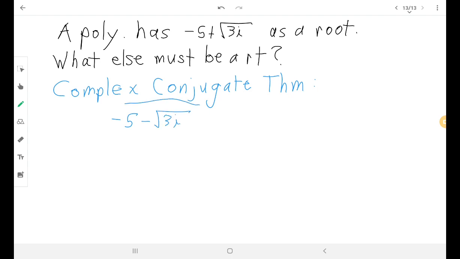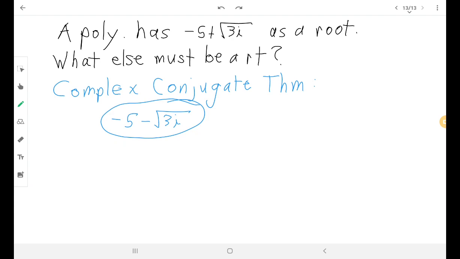So those always come in pairs. The i things always come in a plus bi and then a minus bi also. The fact that there's a square root right here doesn't matter. All that matters is that there's an i. Same thing up here. All that matters is the fact that there's this i right there.